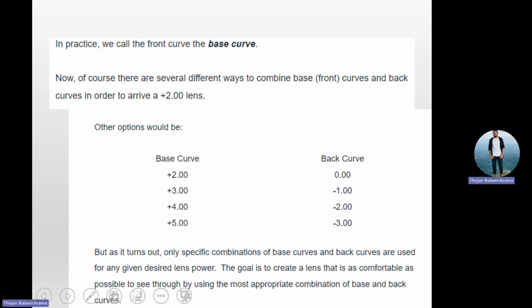Because we normally check the base curve using the lens clock. How many of you have used a lens clock? You have not used it. So normally we check options like base curve and back curve, and check all the powers.